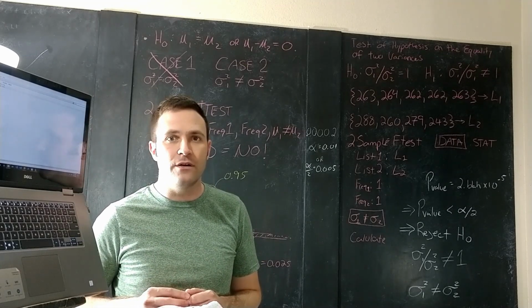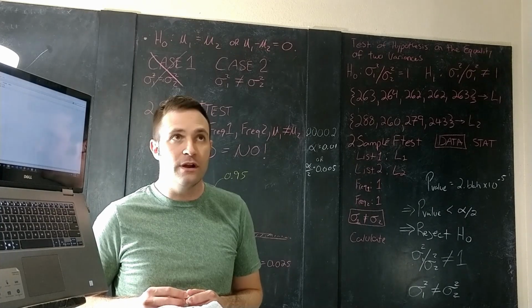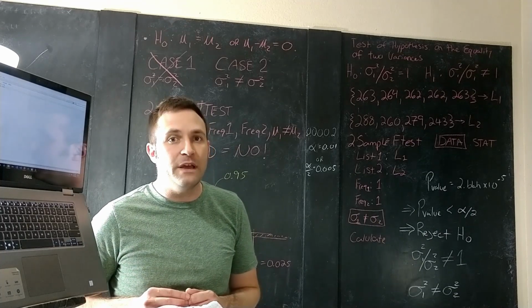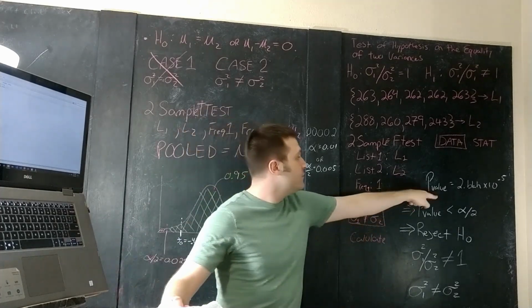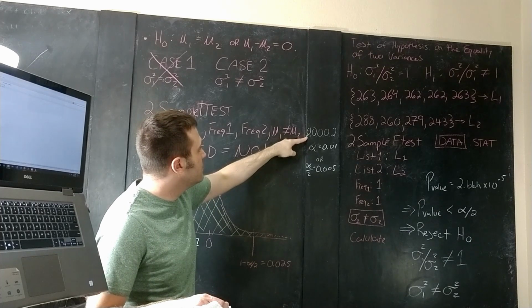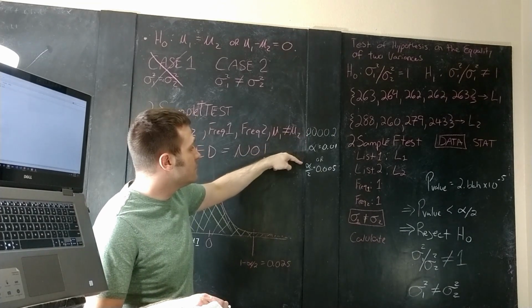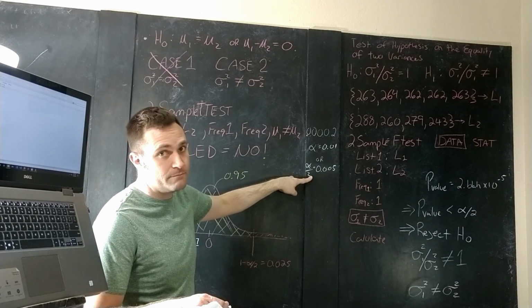So a value of alpha of 0.01 or alpha over 2 of 0.005. And if I had done that, I would still reject the null hypothesis because this value that I got for the p-value is 0.00002, which is still much less than 0.005.